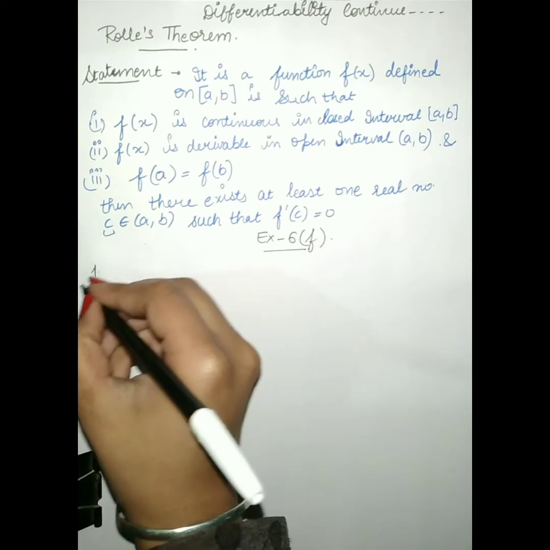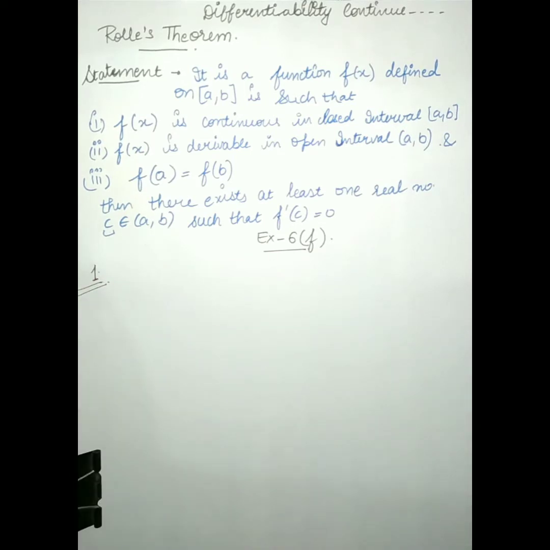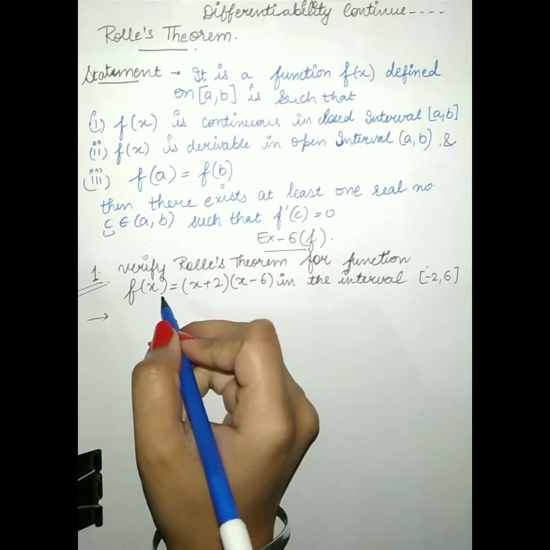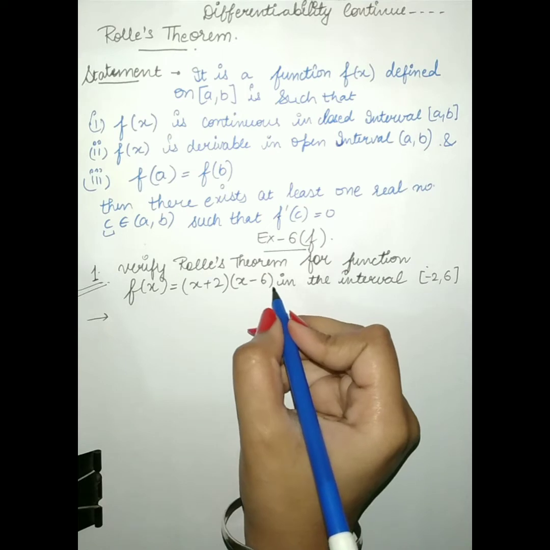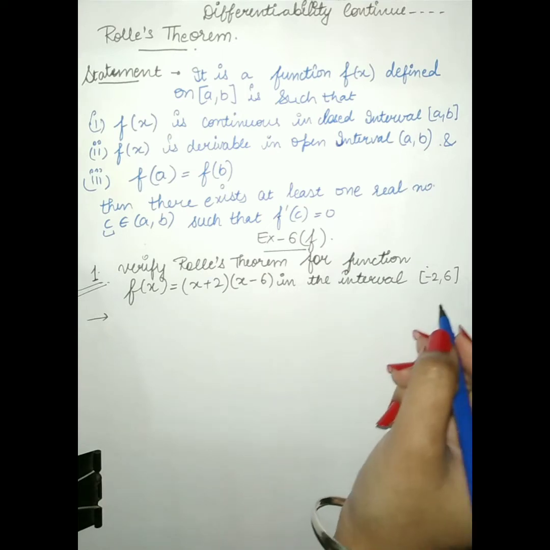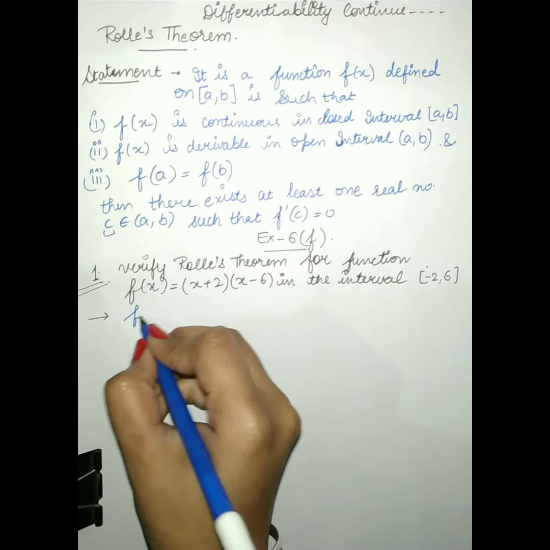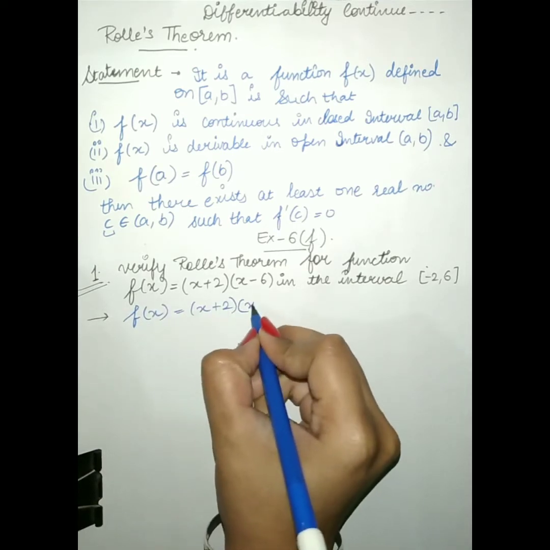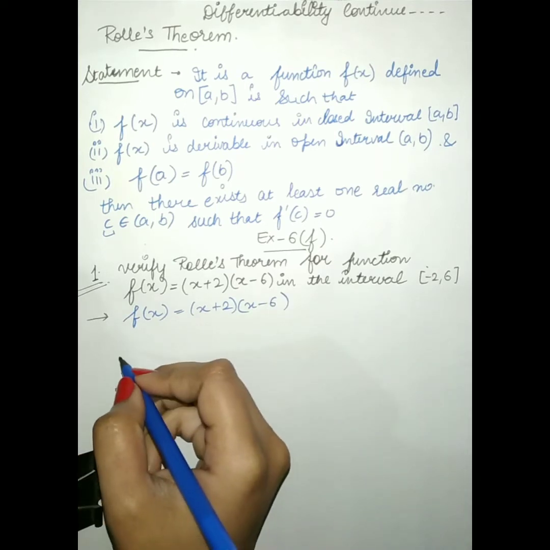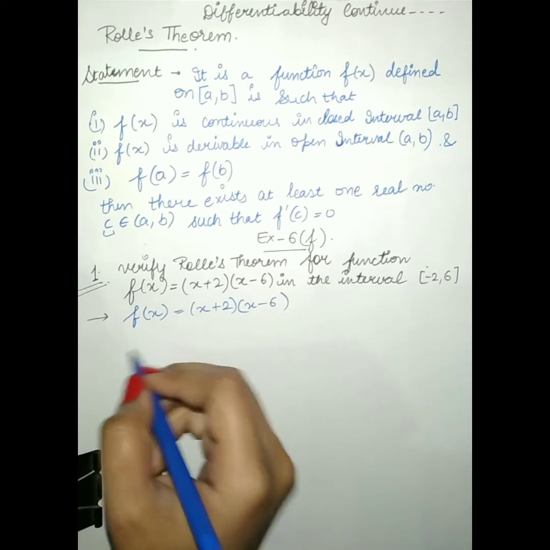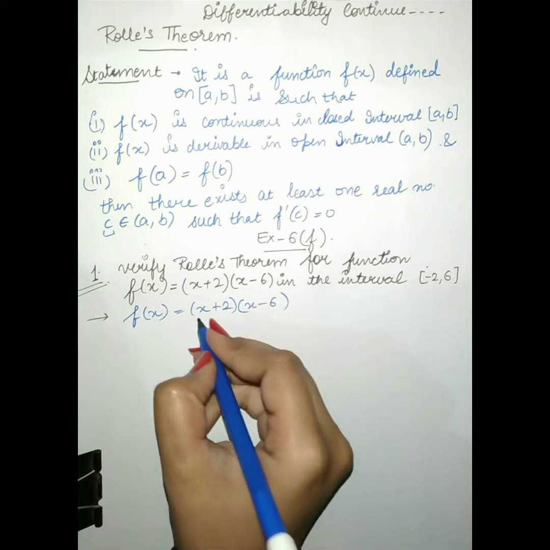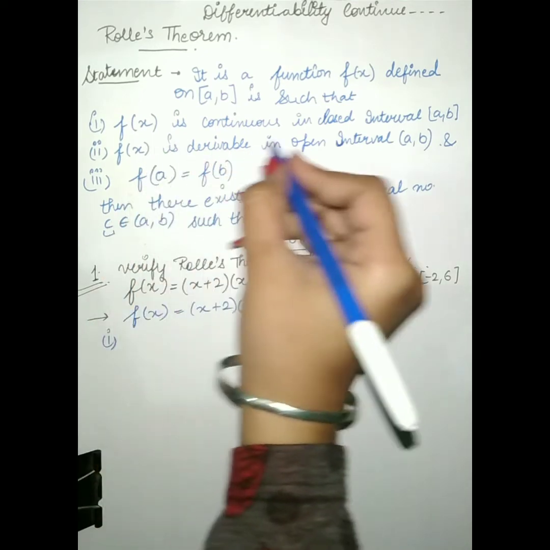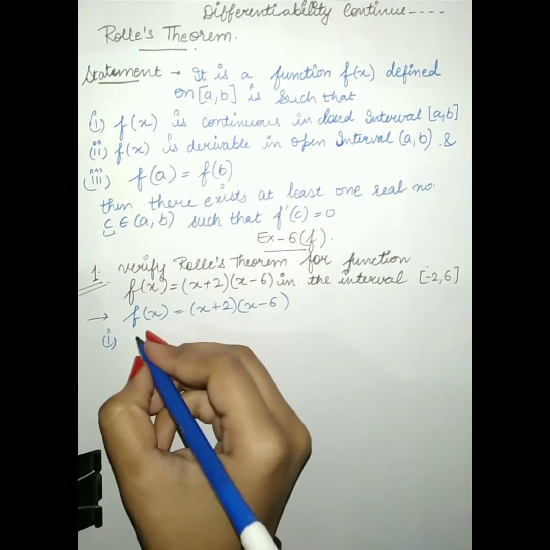Now we will start with the first question related to Rolle's theorem. Verify Rolle's theorem for the given function f of x equals x plus 2 into x minus 6 in the interval minus 2 and 6. Here function f of x is given as x plus 2 into x minus 6. Now this is a polynomial in x. So firstly we will prove continuity.